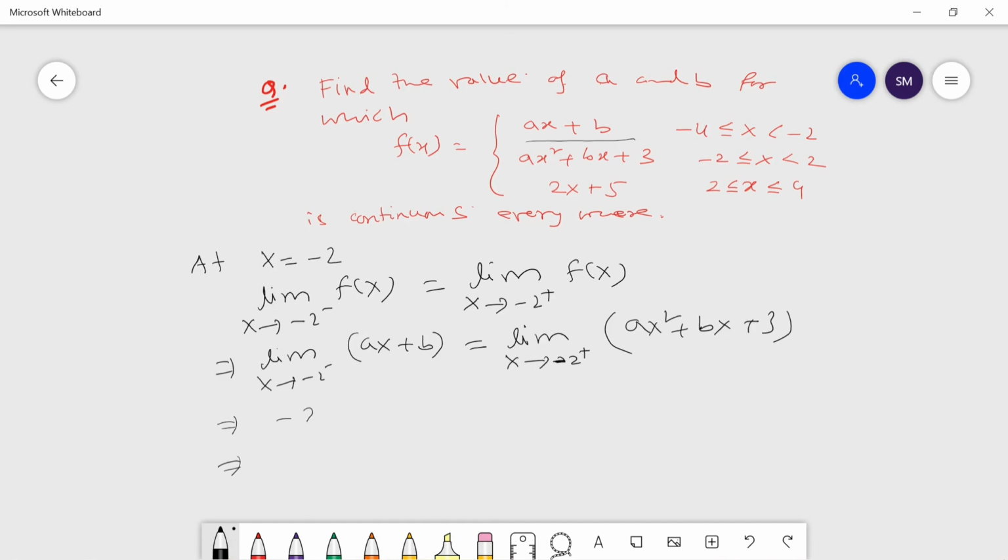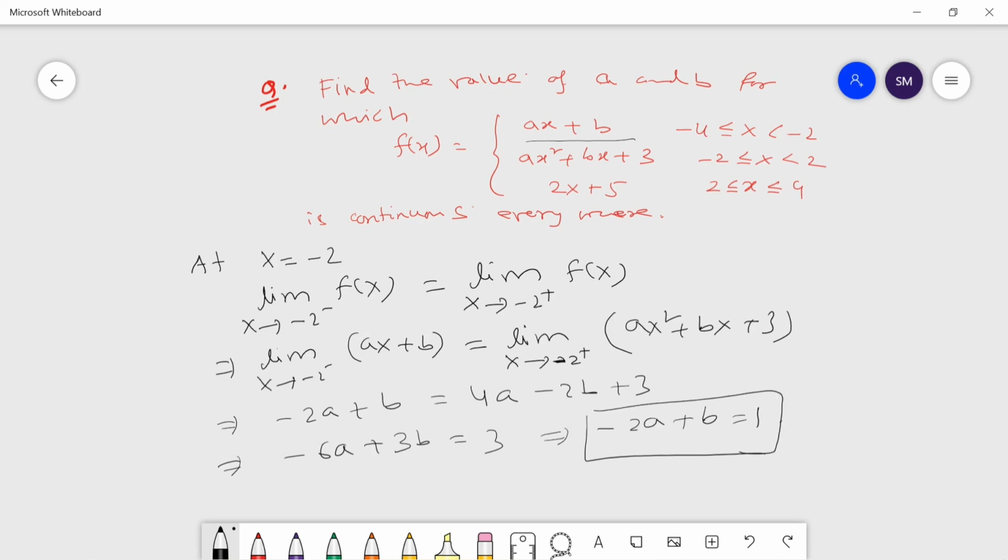So you will get minus 2a plus b equal to 4a minus 2b plus 3. So this gives you minus 6a plus 3b equal to 3. So this will be minus 2a plus b equal to 1. So this is, say, equation number 1.